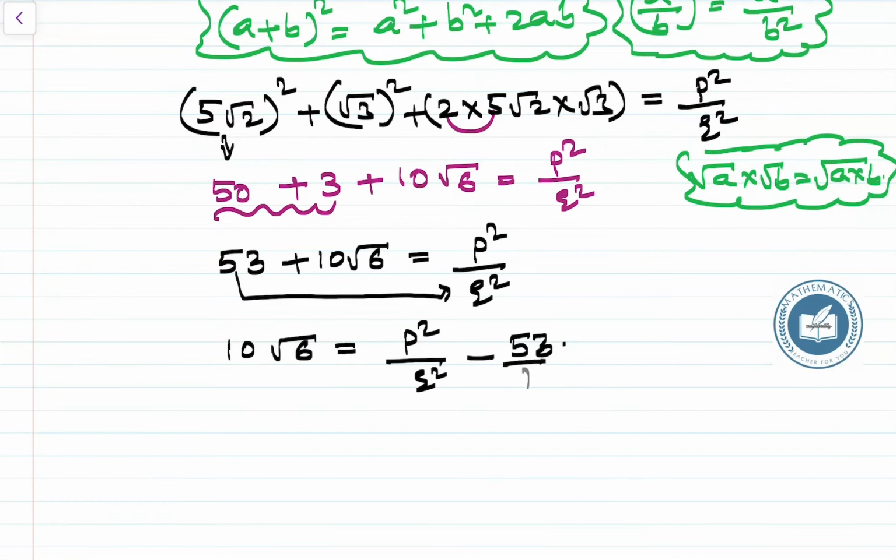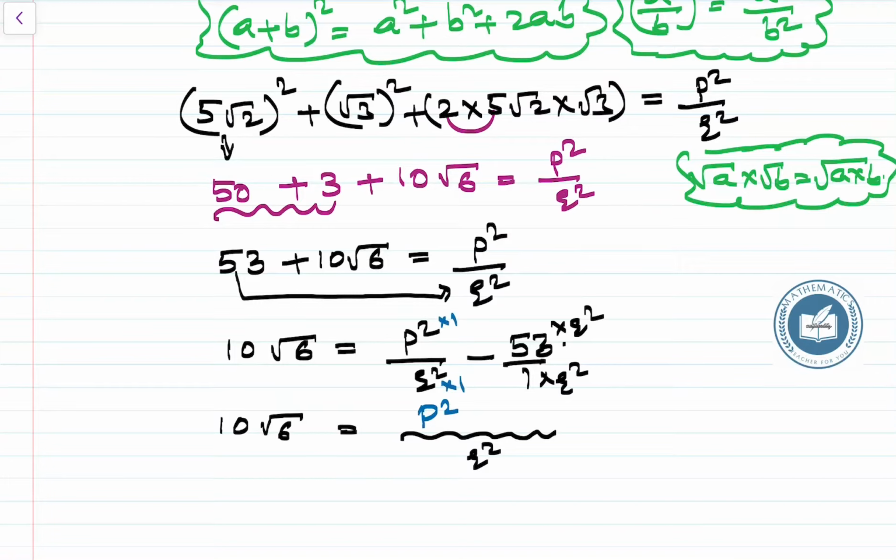Simplifying the right hand side, the LCM is q square, so 10 root 6 equals p square minus 53 q square upon q square.